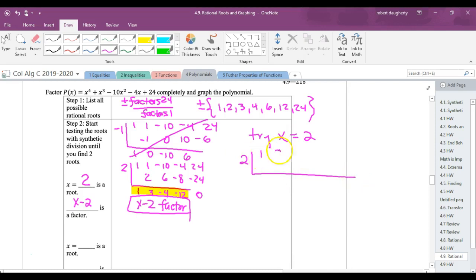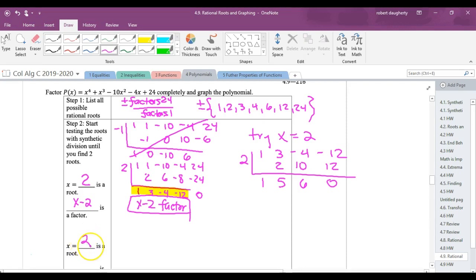With what? 1, 3, minus 4, minus 12. Okay, so if I do that, this is 1, this is 2, that's 5. 10 minus 4 is 6. 2 times 6 is 12. What does that mean? It does work, right?